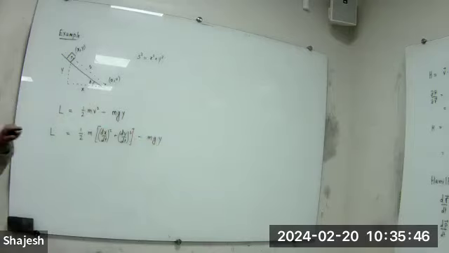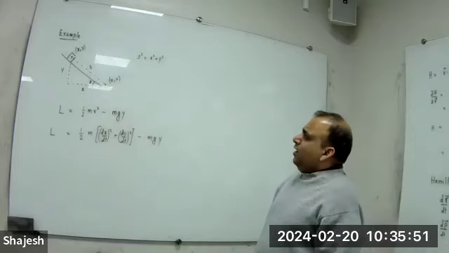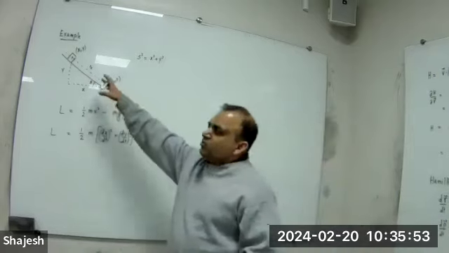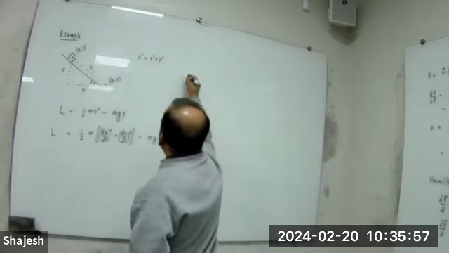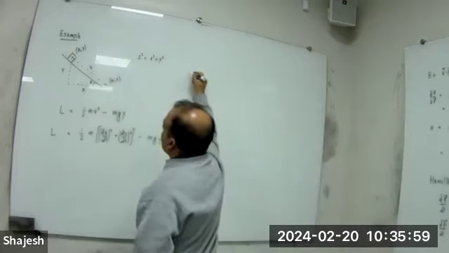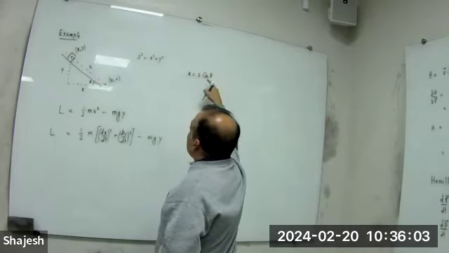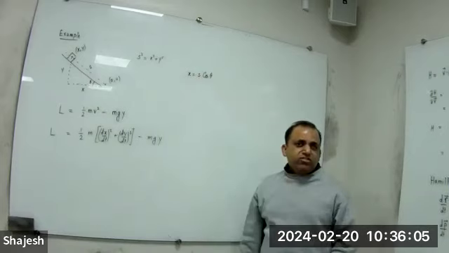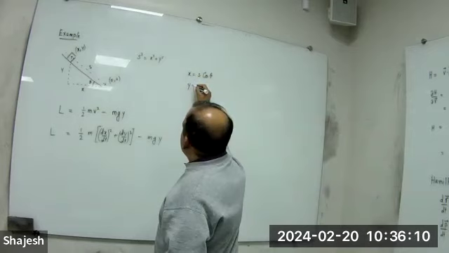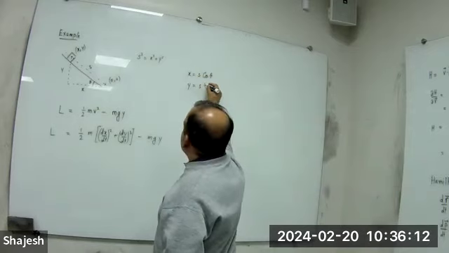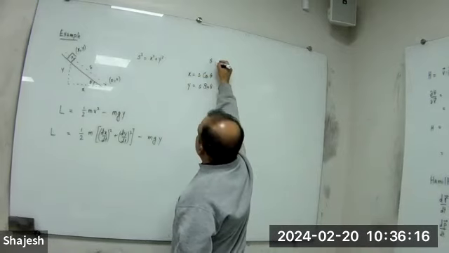And we also have this angle theta, which is fixed. What are x and y in terms of the variable s? We can immediately see that x is equal to s times cosine theta, and y is s times sine theta. Remember theta is fixed.